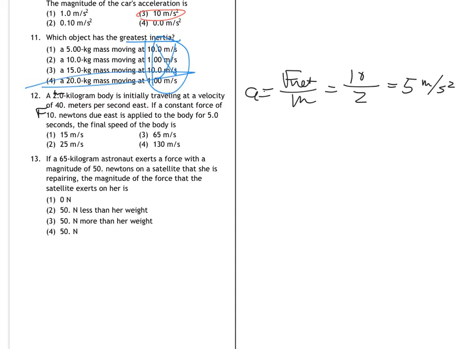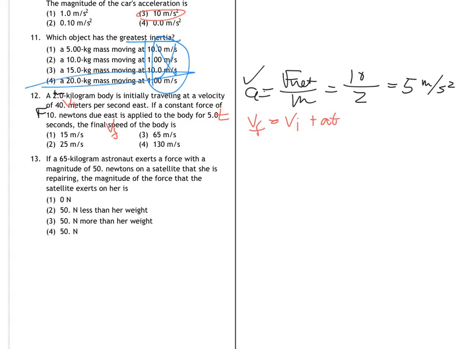So now that I have the acceleration, I'll label other things in the question. It's initially traveling at a velocity of 40 meters per second, so that's VI. The force is applied to the body for 5 seconds, so that's time. At this point, we have an acceleration, an initial speed, and a time, and they want to know the final speed, VF. This fits nicely with the equation VF equals VI plus AT.